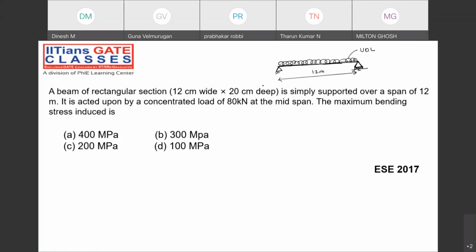Sorry, not a UDL, they are acting upon by a concentrated load. So that's a very simple problem. At the mid span, calculate the maximum bending stress that has been introduced, right?